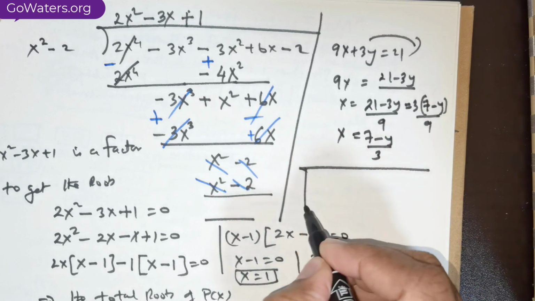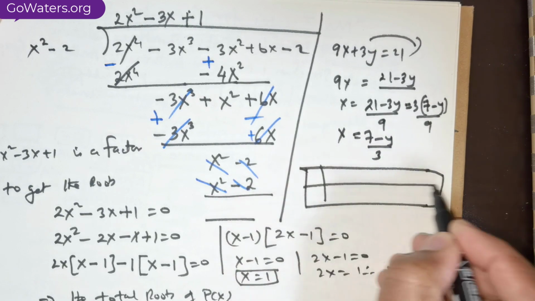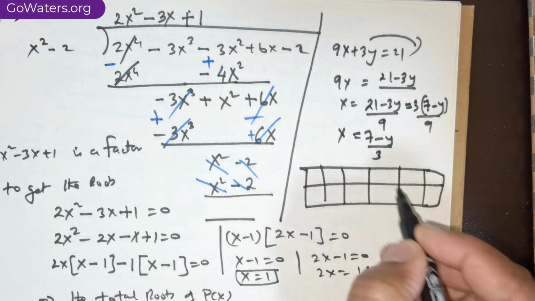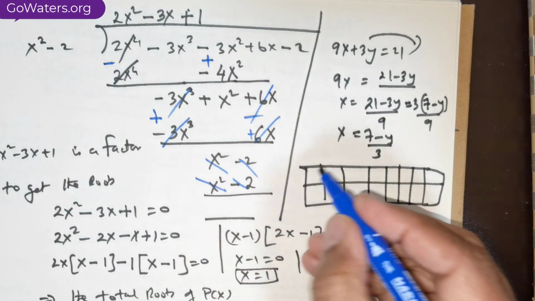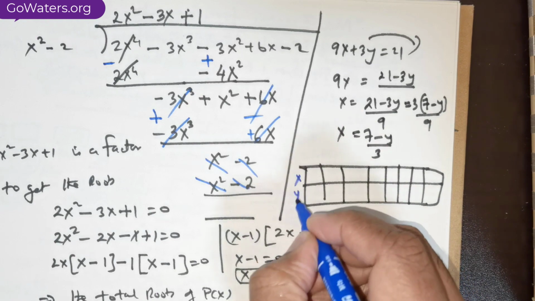Now if you were to be taking values for y, let me write that down. This is x, this is y.